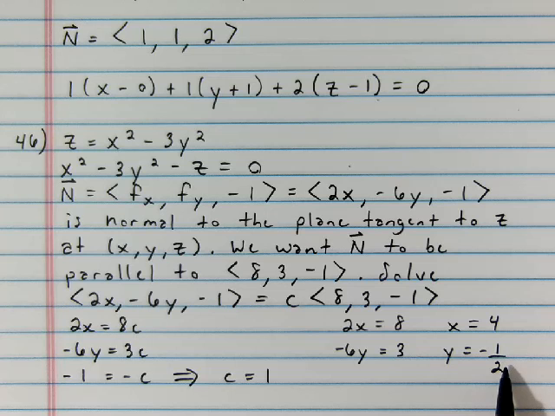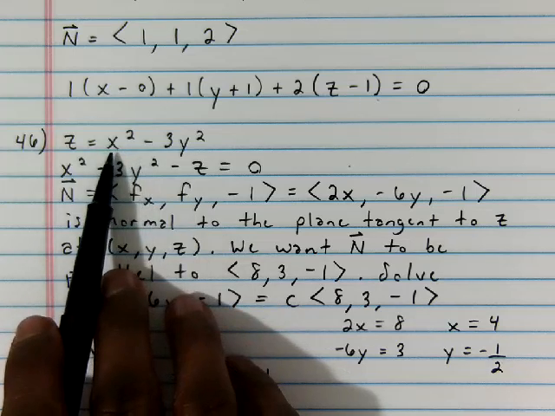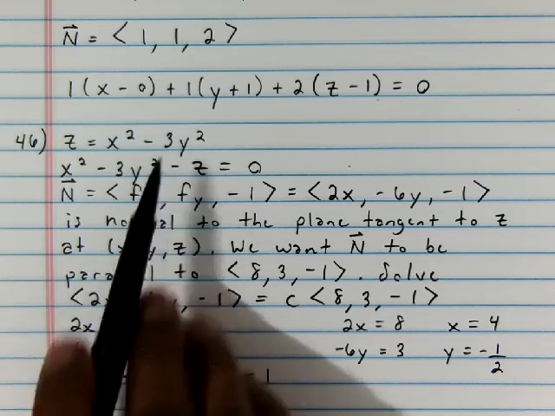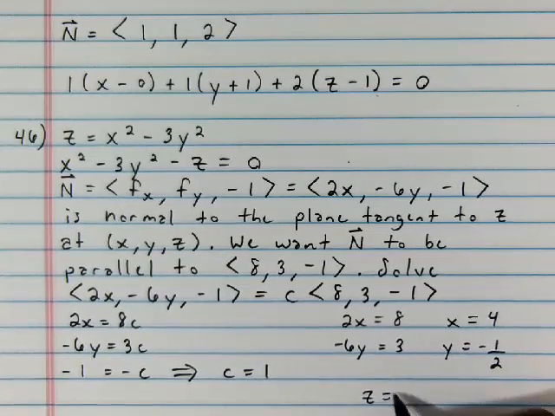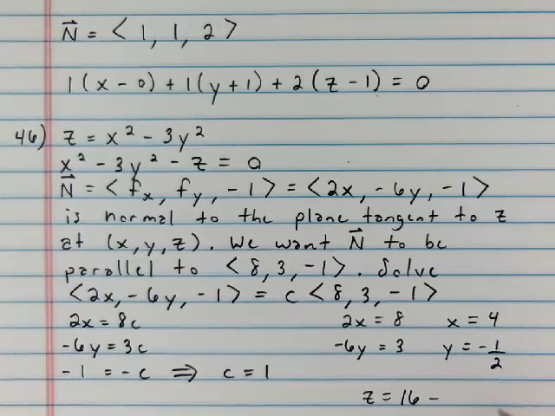The last thing we need to do is find the z coordinate, and the way we do that is by taking this x and y and plugging them back into this equation up here to find what z is. So z is equal to 16 minus 3 times 1/4. So 16 minus 3/4, or 61/4. I'm sorry.